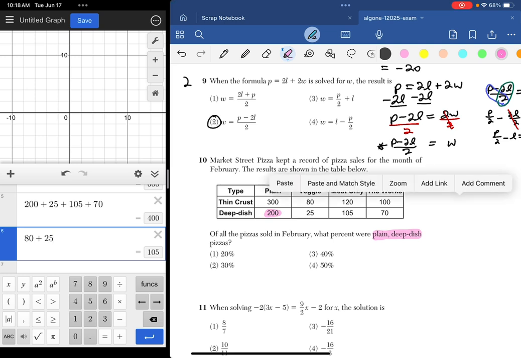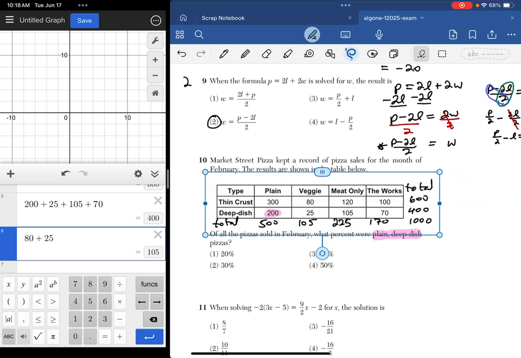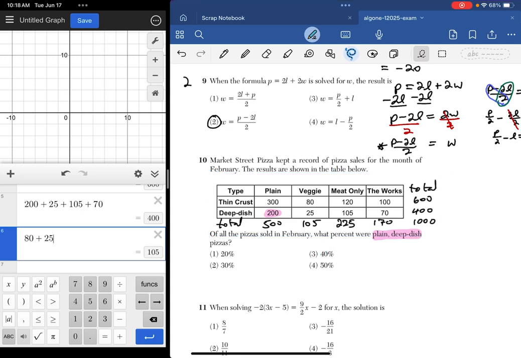I already did the total, so I'll just pop those in there real quick, which you would need because we have to take the intersection of the two. So that's the plain and deep dish. There are 200 of those. We're going to take that 200 and divide it by 1,000. All right, so you can put it in a calculator if you want, but that's going to end up being 20%.